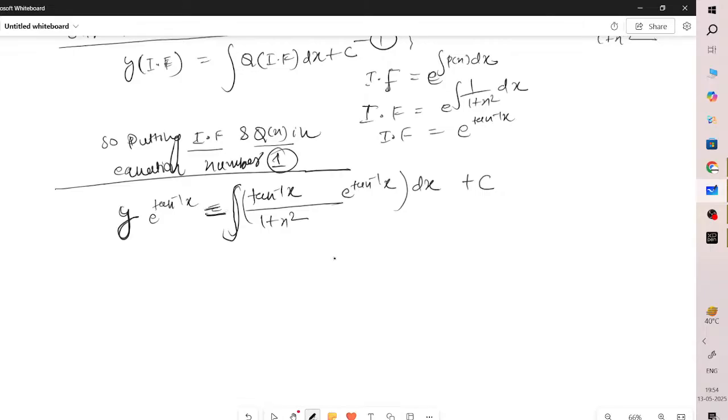For this purpose, let us assume t equals tan inverse x. Now we differentiate both sides. We know that the differentiation of tan inverse x is 1 by (1 plus x square) dx.